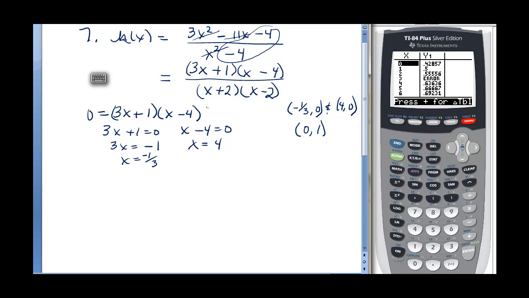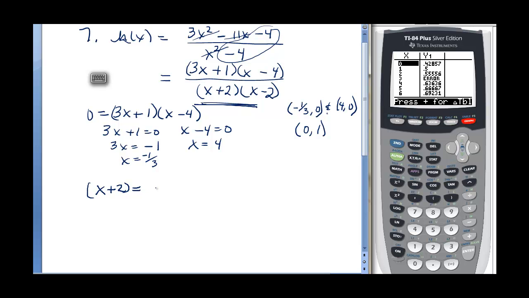The next thing I want to do is to find my vertical asymptotes. Again, my vertical asymptotes are going to be when my denominator is equal to 0. I could look right here with my factored denominator and set those factors equal to 0.